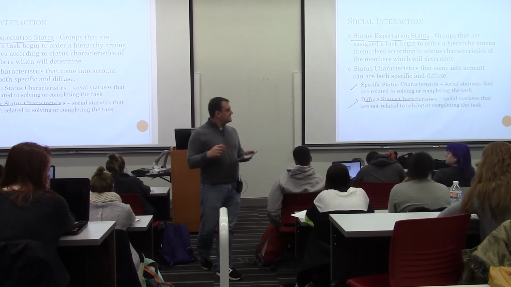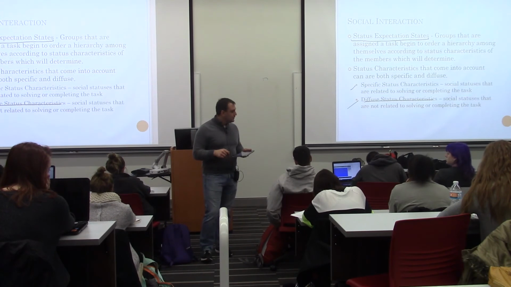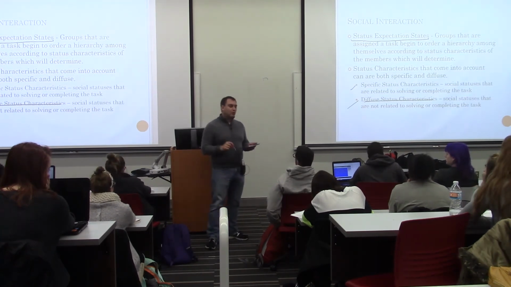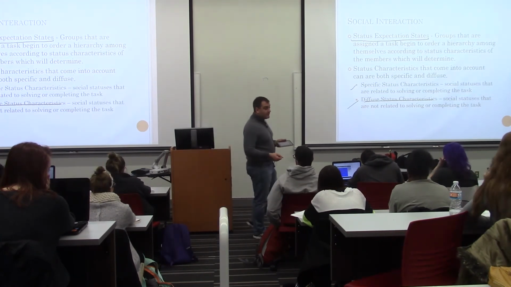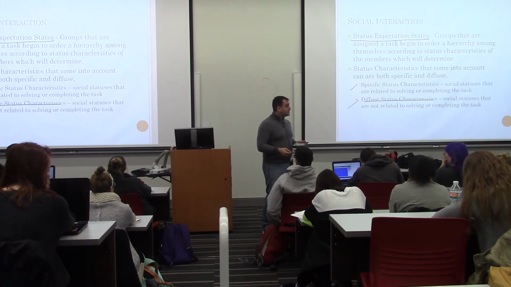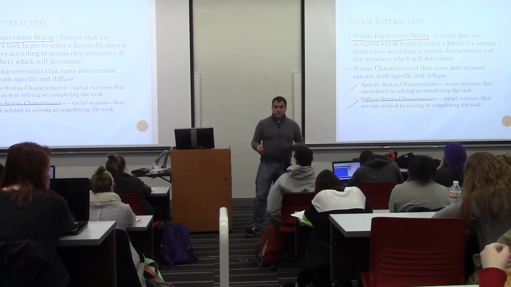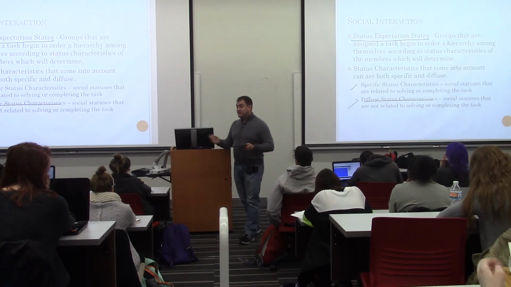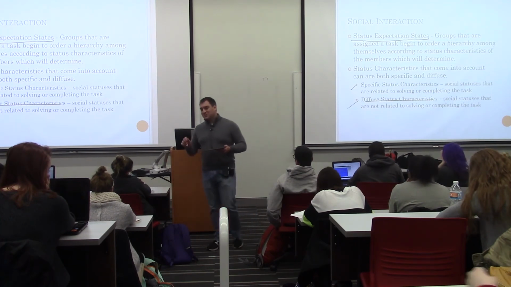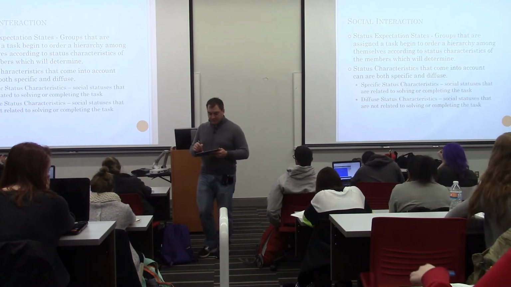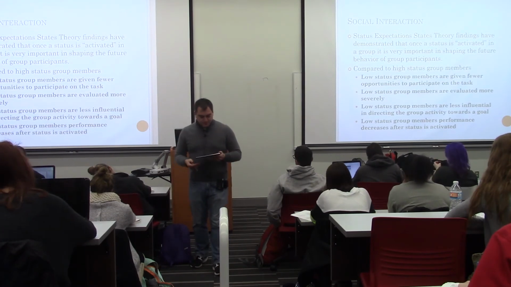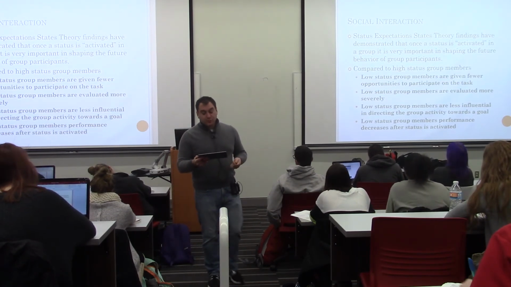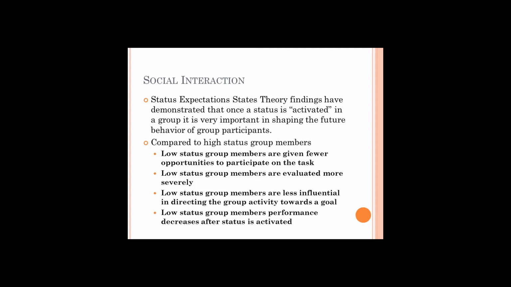And once status hierarchies get formed in groups, they actually have some really important consequences, not just for the individuals within the groups, but for the groups themselves. So for instance, low status group members are given fewer opportunities to participate in the task in comparison to high status group members.